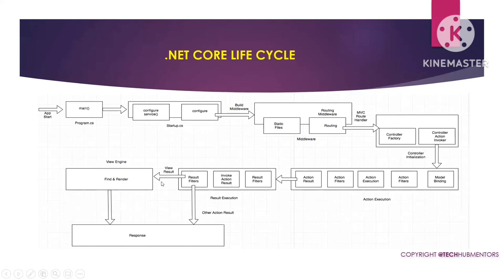Then the view result, then the response comes. So the main differences here are the middleware, the startup.cs file and the program.cs file. These are the three main changes. So this is all about the .NET Core lifecycle. It is just similar to MVC, the only difference is program.cs, startup.cs and the middleware.